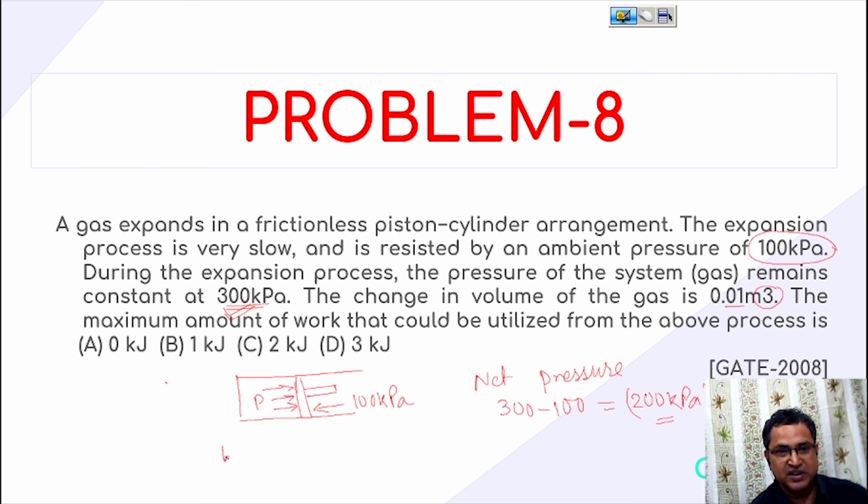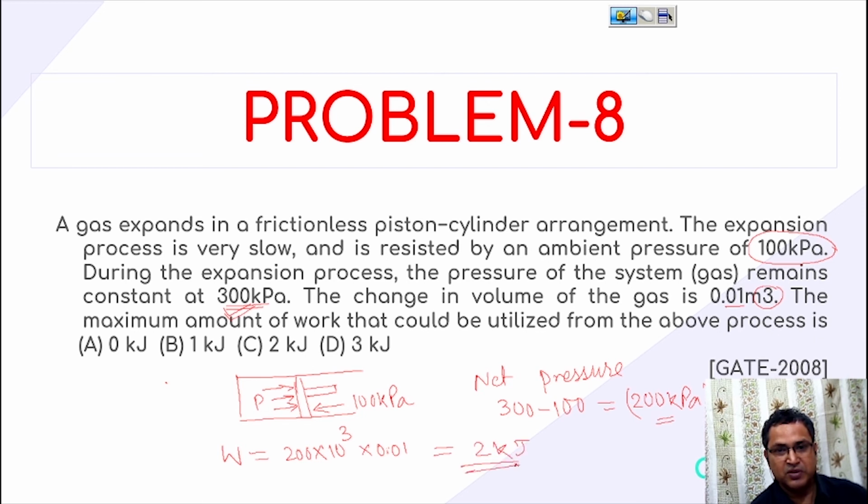This much amount of net pressure is always acting. So what is the work done? Work done is nothing but P delta V, because of constant pressure and change in volume. So that is 200 into 10 raised to the power 3 pascal, into 0.01 meter cube. This comes out to be around 2 kilojoules.